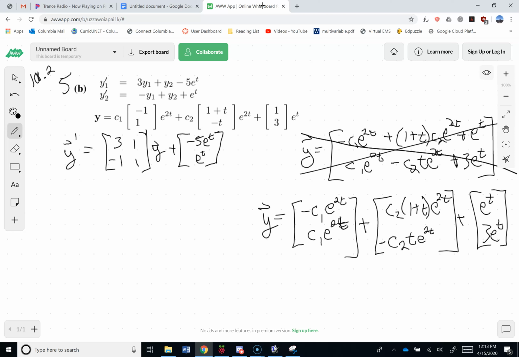And then I need to calculate y prime, and then I need to shove y into this kind of equation, right? Okay, so y prime is going to be minus 2c1 e to the 2t and 2c1 e to the 2t.